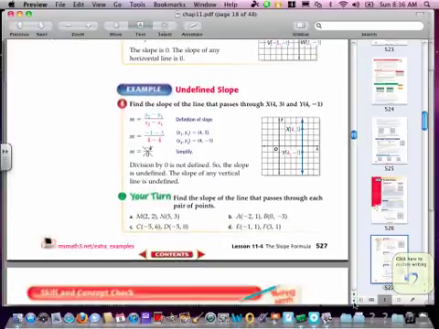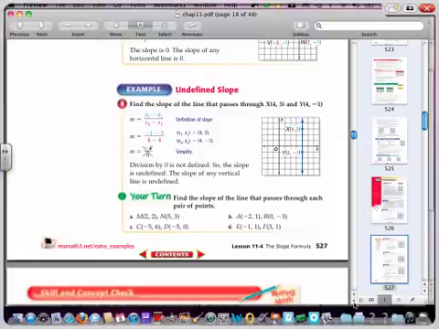Let's do the undefined one here. This is the last possibility. What if the x values are equal? Remember, we said that we could not have x1 equal to x2. We said that wasn't right. Can't do that. So let's take a look at it, see what happens if we do that.